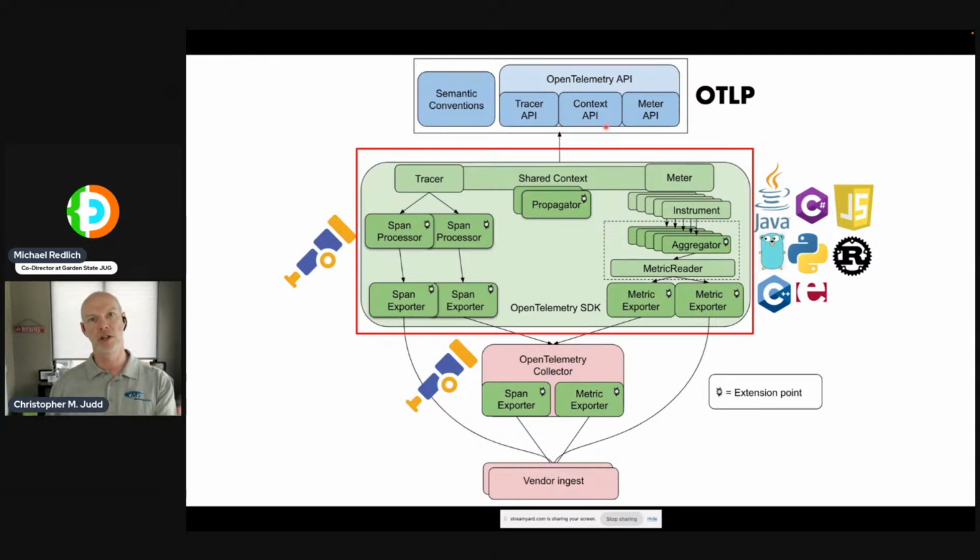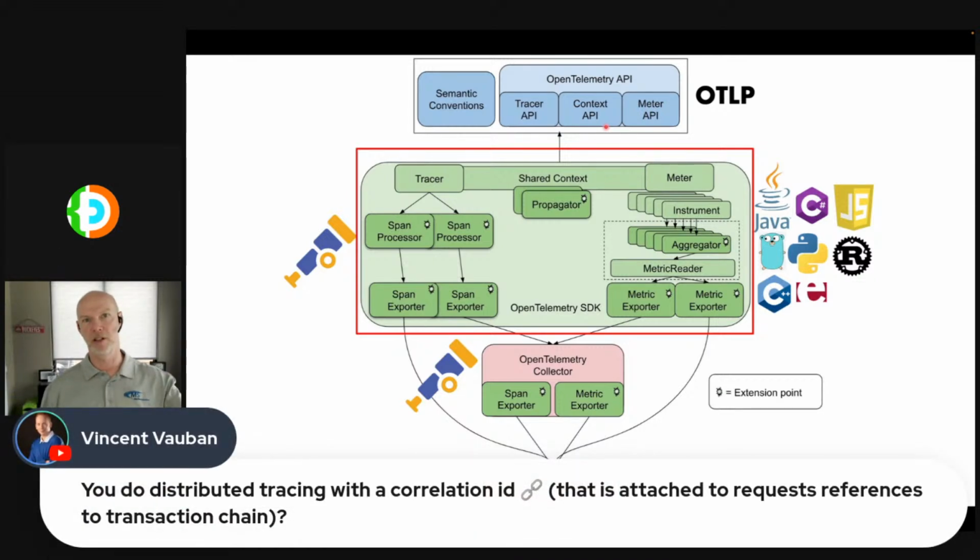It's going to be that correlation ID that goes from the beginning of the transaction all the way through the application. And we will talk in more detail. There's several different correlation IDs or contexts you can use. And we'll talk about some of those alternatives, why you would use them. And we'll actually watch one of them as it goes through the system in a demo. So absolutely, we do have a correlation ID.